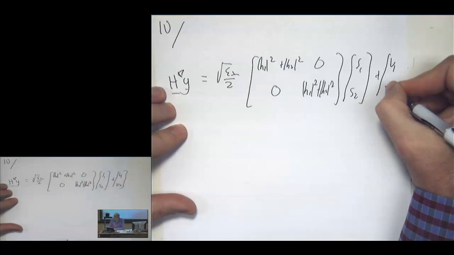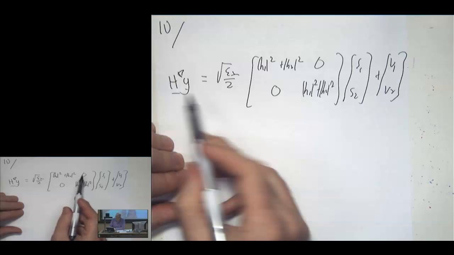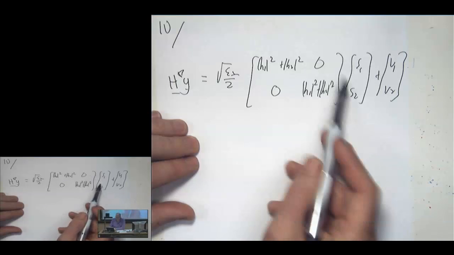By multiplying through by this H star, look at this right here: we have this times s1 plus 0 times s2, 0 times s1 plus this times s2.